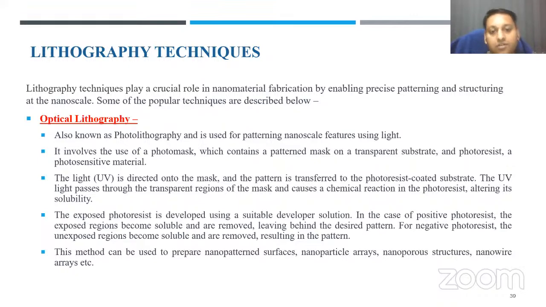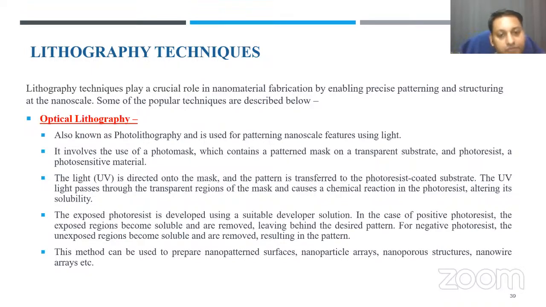In optical lithography, you pattern nanoscale features using an optical method, that is light. You have the substrate, and on the substrate you want to create a pattern. So how do you create a pattern? First of all, a photoresist.